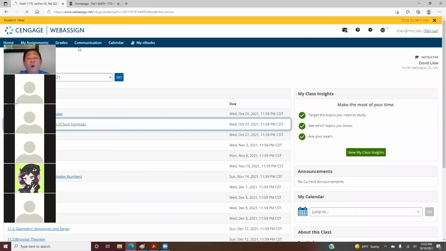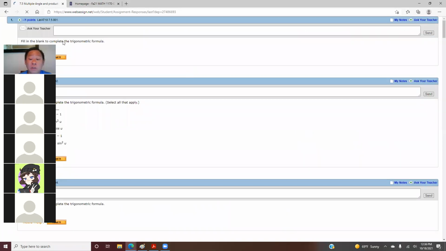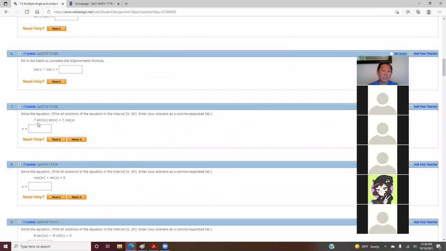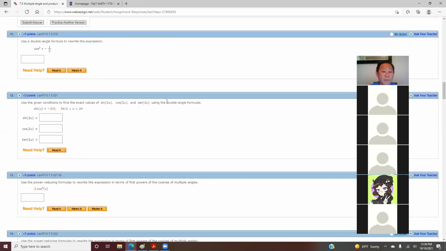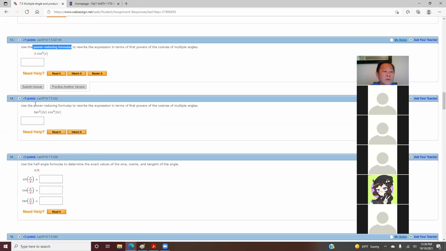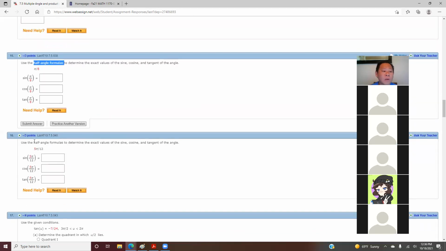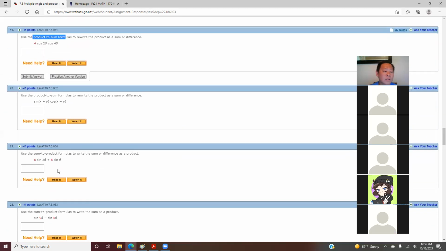For proving identities and solving equations, they don't tell you which formula to use, but the majority of them will. See that? Use the double angle formulas, the power reducing formulas, the half angle formulas, and then use the product to sum, use the sum to product.